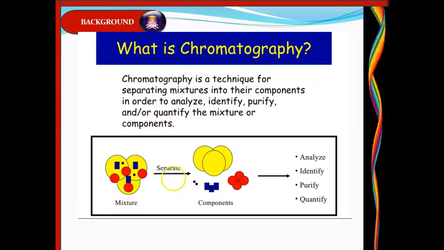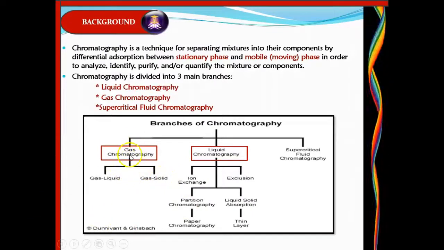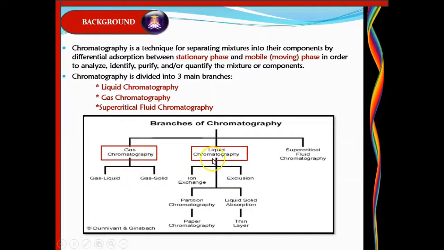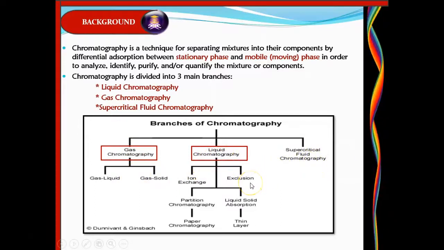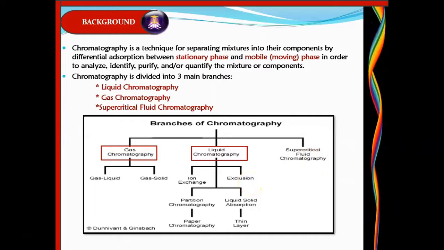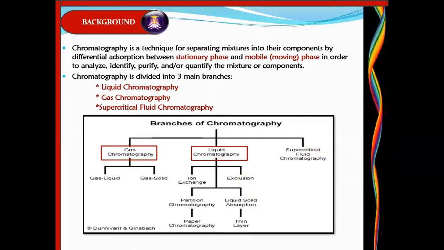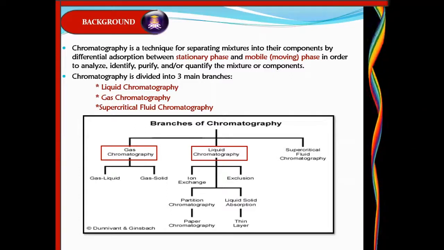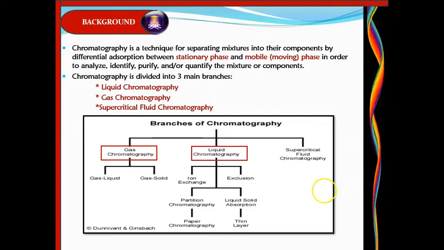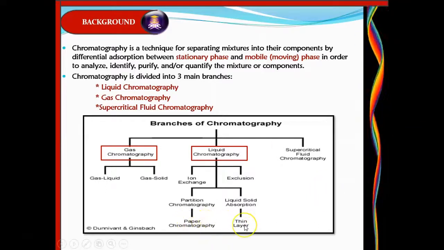We will cover only gas chromatography and liquid chromatography. For liquid chromatography, we have ion exchange, exclusion, partition, liquid-solid adsorption, paper chromatography, and thin layer chromatography. For today's lecture, we will cover these two types.